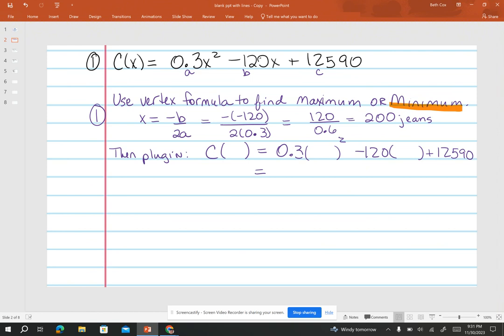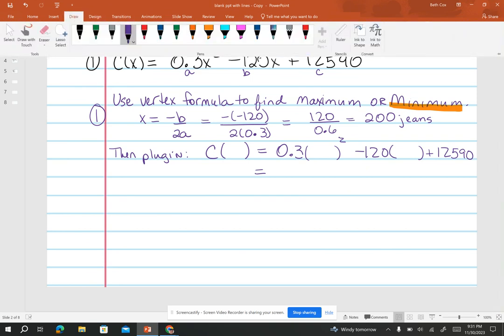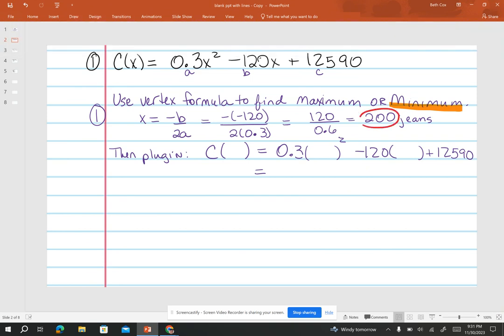So now I'm going to take that number and I'm going to actually plug it in to my function. So I'm going to plug in 200. Again, I'm going to desperately need my calculator for this. And so I'm going to type that into my calculator using parentheses and all that good fun stuff.